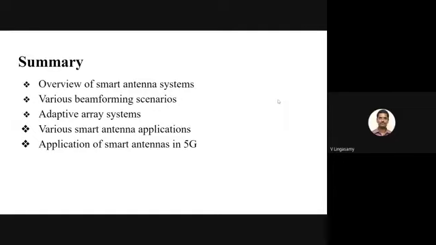And we saw various beamforming scenarios as well, and adaptive array systems, various smart antenna applications, and finally we saw the application of smart antennas in 5G, and some testing setups, and that's all.